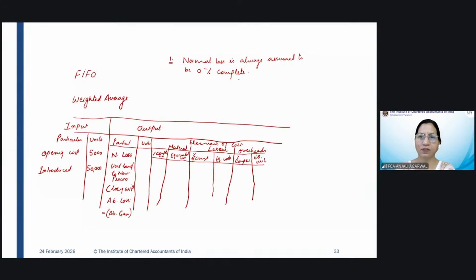It is always assumed to be 0% complete. The percentage completion of abnormal loss is always taken as 100% complete. As far as material, labor, overheads, abnormal loss is 100% complete.